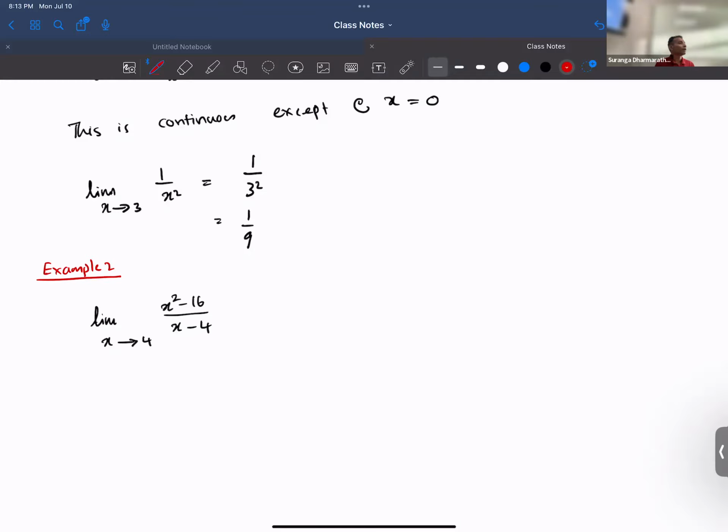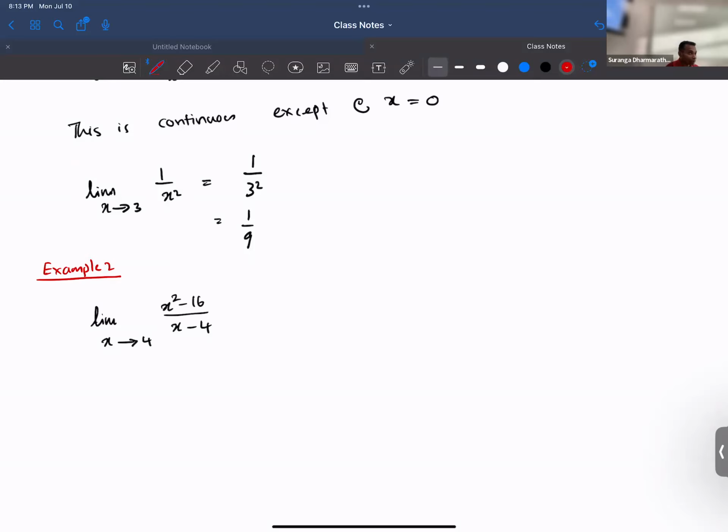We think that x squared minus 16 is a continuous function. X minus 4 is also a continuous function, but at x equals 4, 1 over x minus 4 is not continuous.